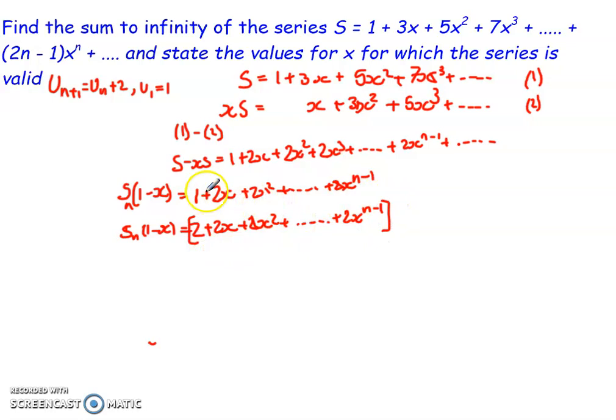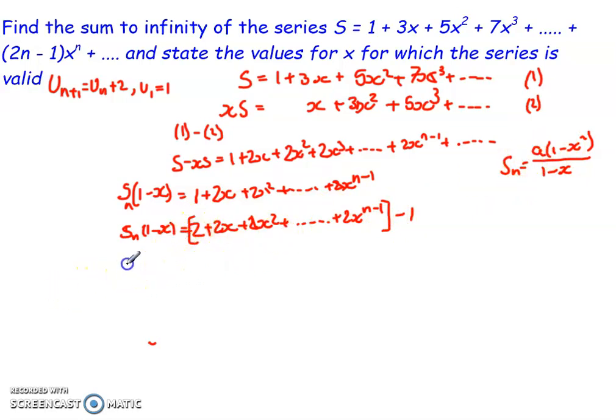However, I've added 1 on to get to this 2, so I've got to make sure I compensate for that by then taking away 1 afterwards. So what I've now got here is a geometric series, and we know that the sum to n terms of a geometric series is given by a(1 minus x^n) over 1 minus x. Now for this one, a is equal to your first term, and in this case that is 2.